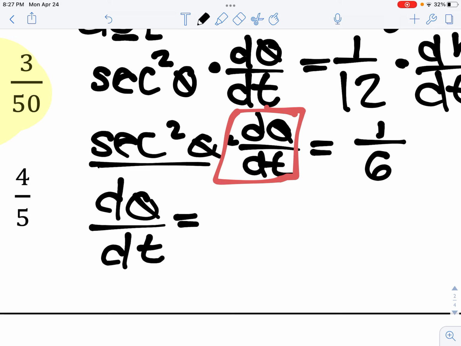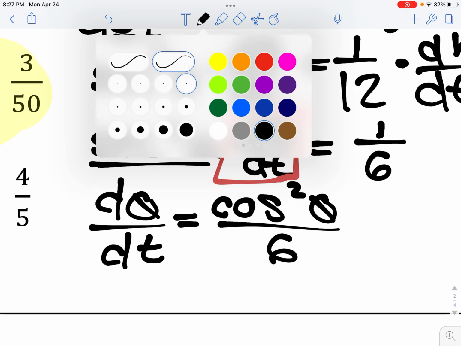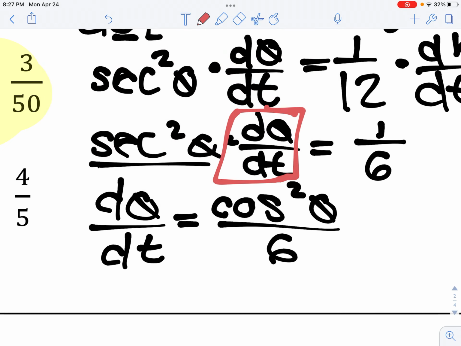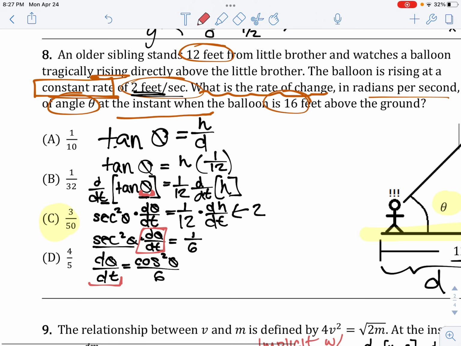Because they're inverse. So I'm just going to do cosine squared theta over 6. And now I have the rate of change of theta, right? So this is in terms that I can define with information I'm given in the problem.